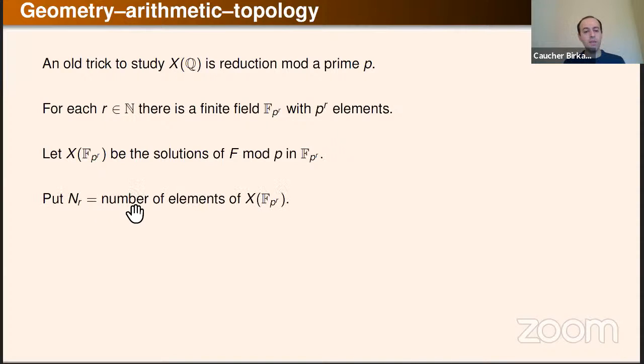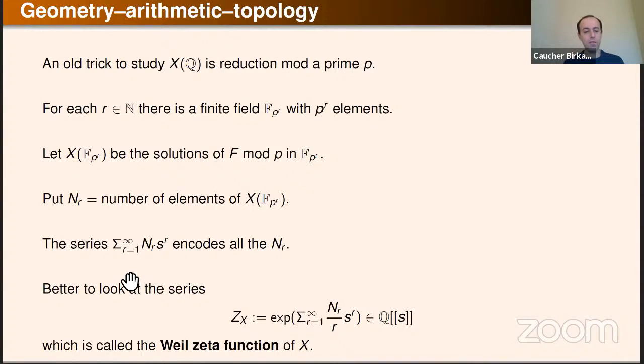Now then, we look at the number of elements inside X(F_{p^r}) and call that N_r. So in general, when you take r to be larger and larger, you expect to have more and more points. And then we put all these numbers inside a series, sigma N_r s^r, where s is a new variable. This is a very common thing in mathematics. If you have infinitely many numbers, a sequence of numbers, you can put them in a series so that the series remembers all the numbers at the same time.